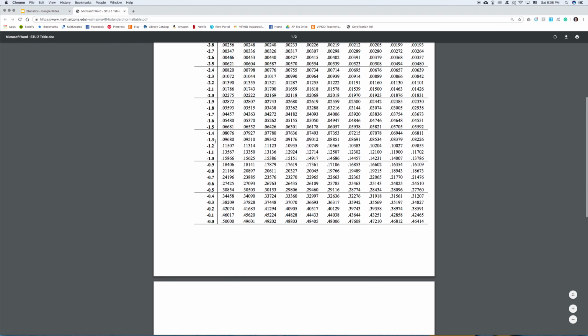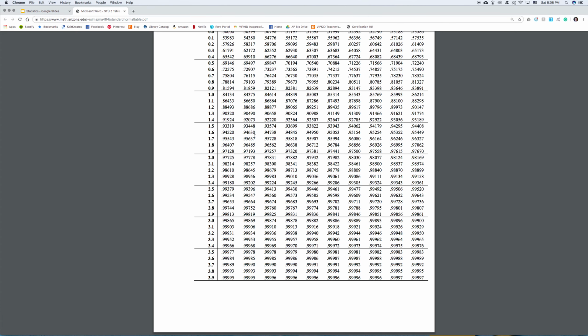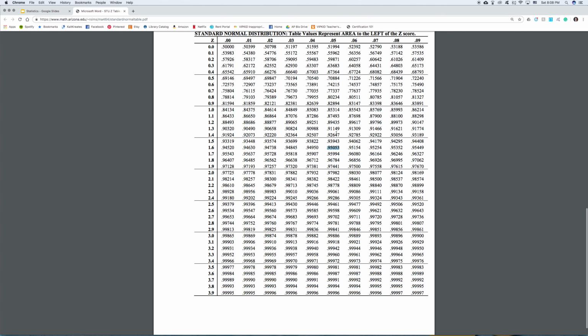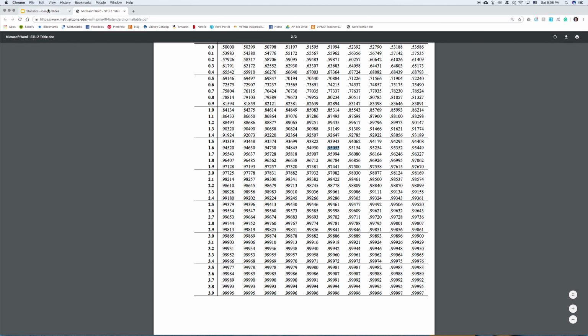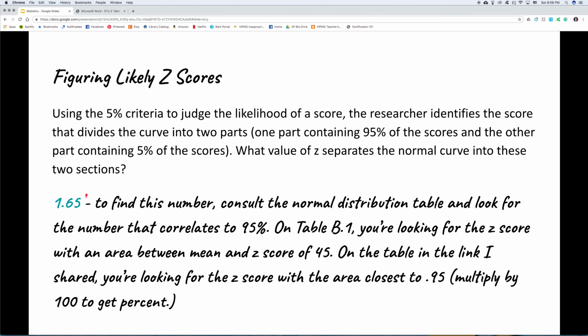So we go over here, we're looking for 0.95. It's going to be right about here. So you're looking at 1.65. Yeah, 1.65. Ta-da! And again, you have this 0.95, and then you multiply by 100. You just move this decimal two places to get 95%.